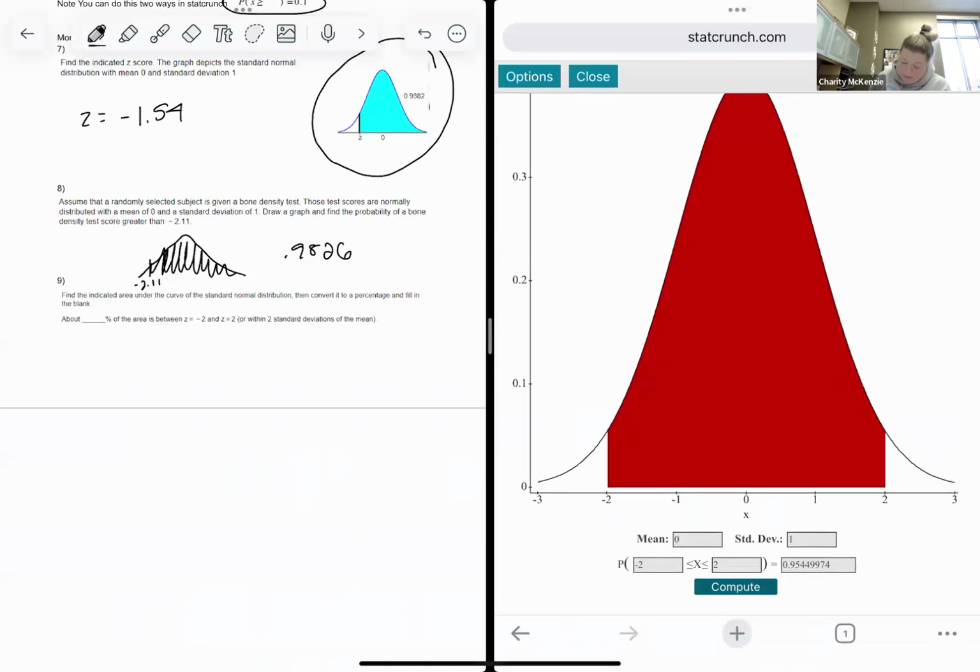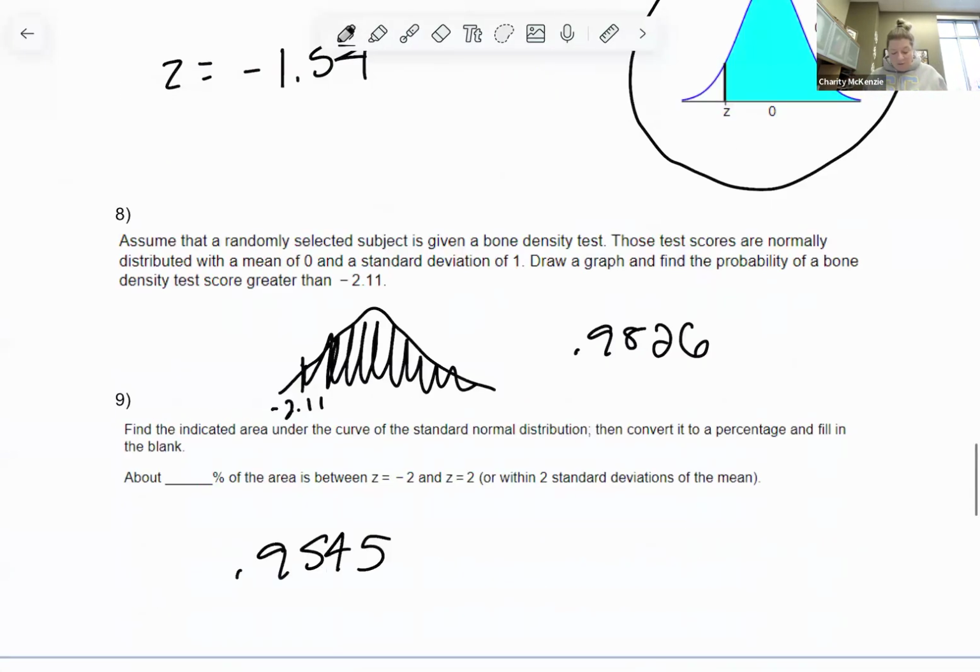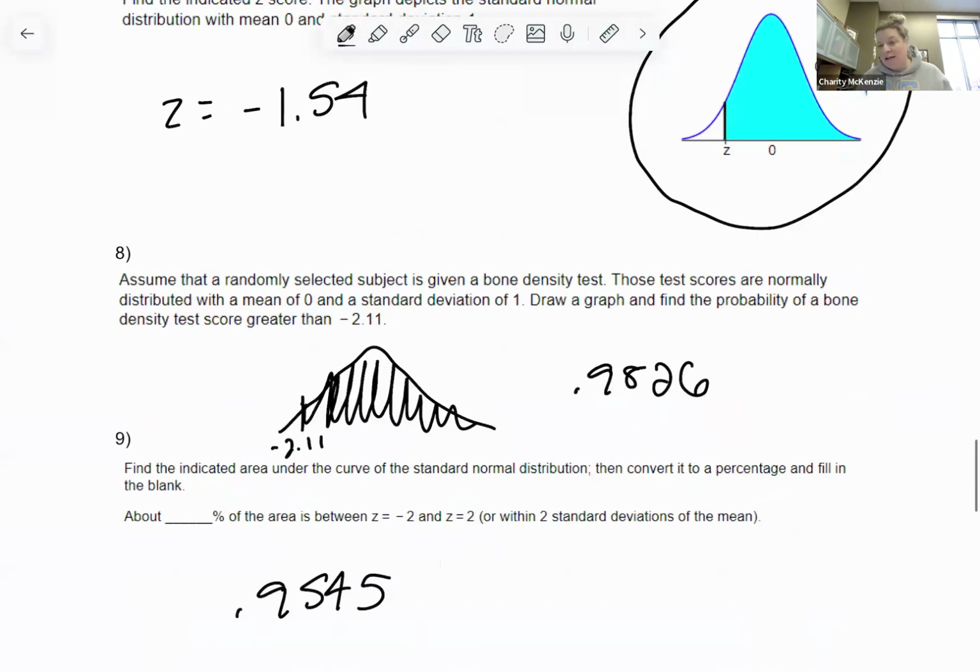It should be around 95. Yep, 0.9545. Because that's one of our empirical rules, one of our rules we memorize, right? We don't have to memorize these ones, but that is looking at that standard normal. So all of it's done in StatCrunch, and it's fairly easy to use StatCrunch for, right? Let me know if you have any questions.